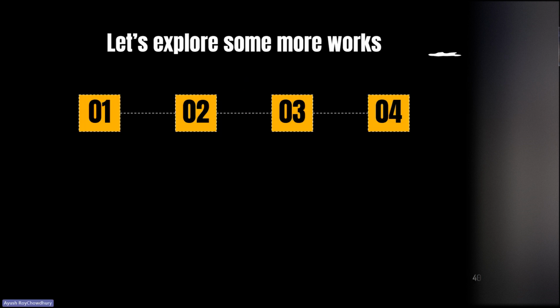So now let's explore some more works that I personally find cool, and I think will be some of the emerging threats that you will see throughout this year, and you will continue to see unless definitive security measures are taken. So the first, it's not necessarily a threat, but it can be.